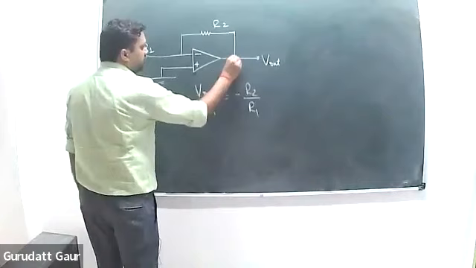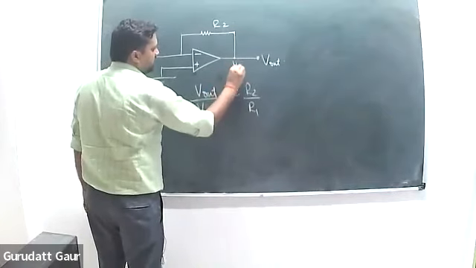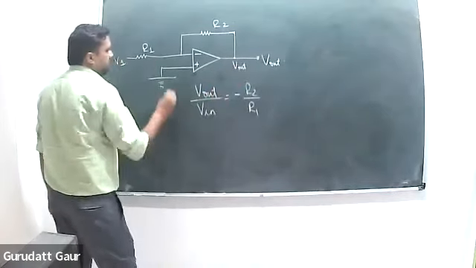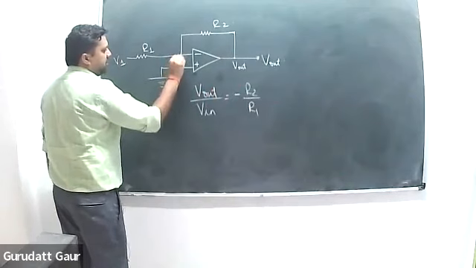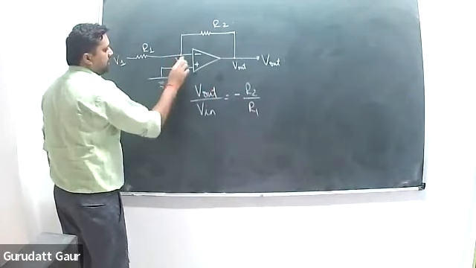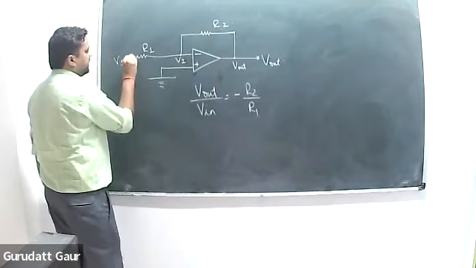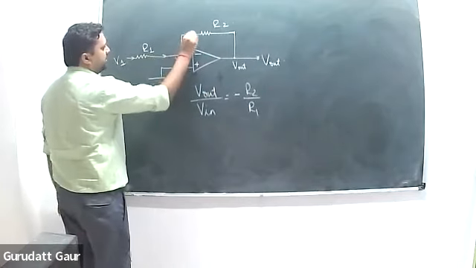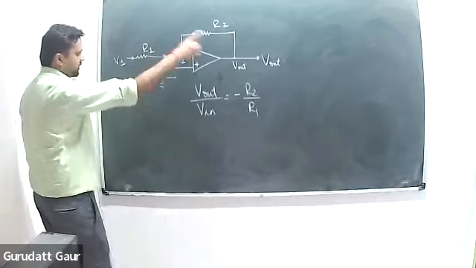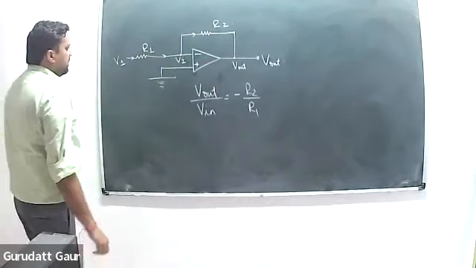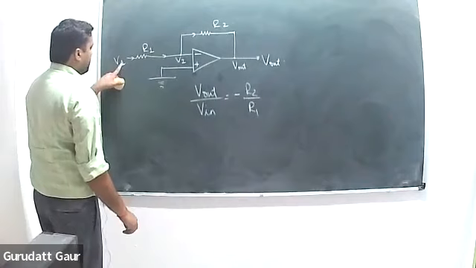V out. I can give you a hint that this is the output. This will be at V output, of course, this point. This will be at some voltage. Let me call it VA or VI, intermediate voltage. So this current will be starting from here and the same current will be flowing through this. यहाँ पे क्या होगा?